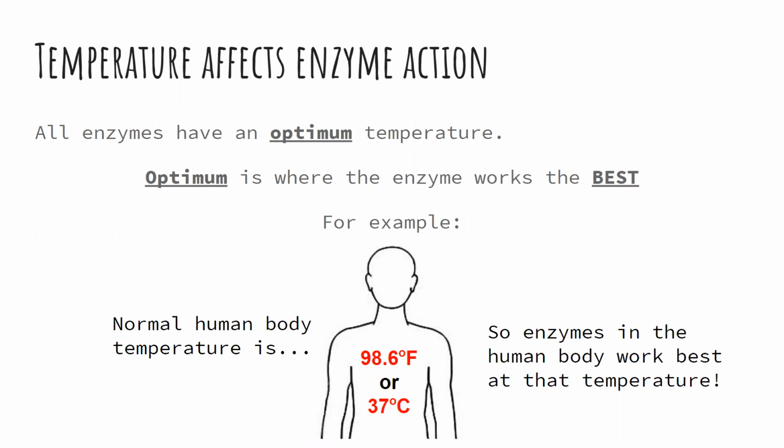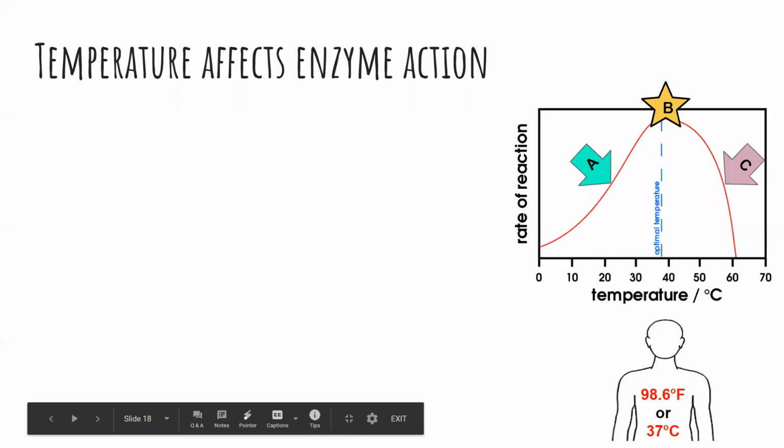And this enzyme works best at 37 degrees Celsius or 98.6 degrees Fahrenheit, because that's our normal body temperature. That's our optimum body temperature. So this particular enzyme we're going to be talking about works best at this temperature. It's all due to the environment that it's in.